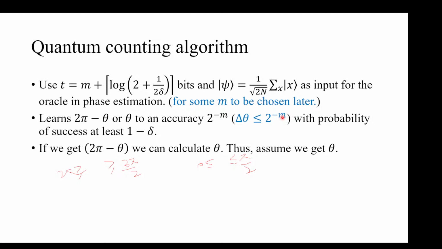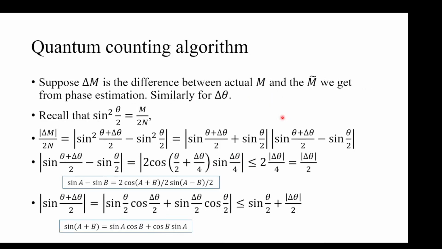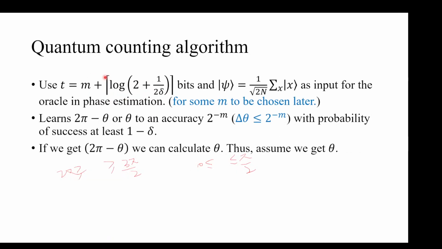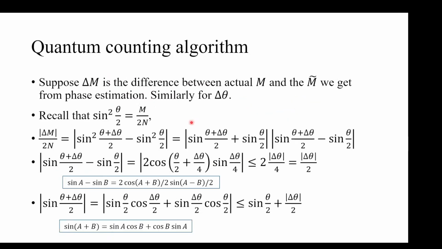Okay, and then now we are just left with a complicated calculation here. So basically we are going to relate this delta m to the small m here. Let's write our strategy.